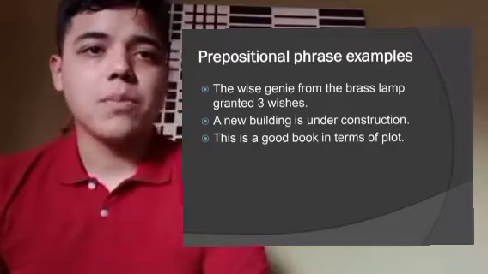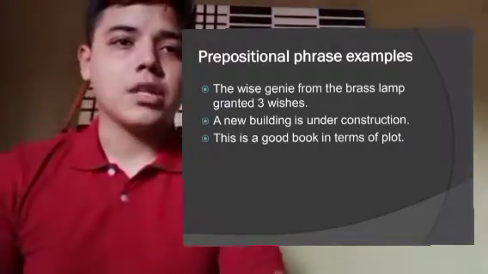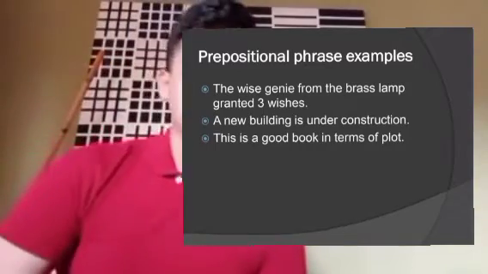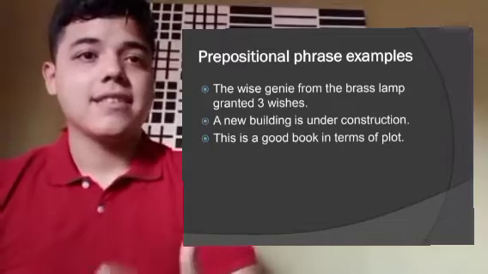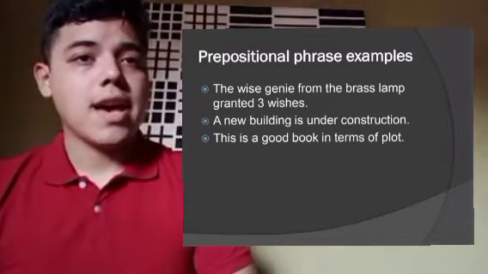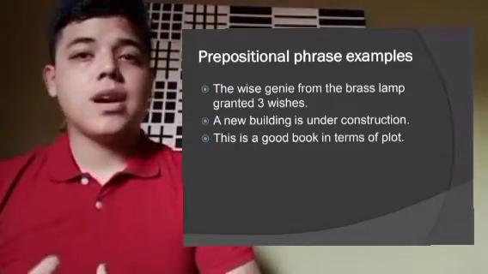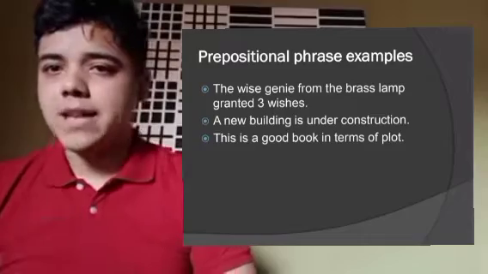As a third example, we have: this is a good book in terms of plot. So we have this as a pronoun, is as a verb, a as an article, good as an adjective, and book, our head, because we're talking about the book and how good or bad it is.